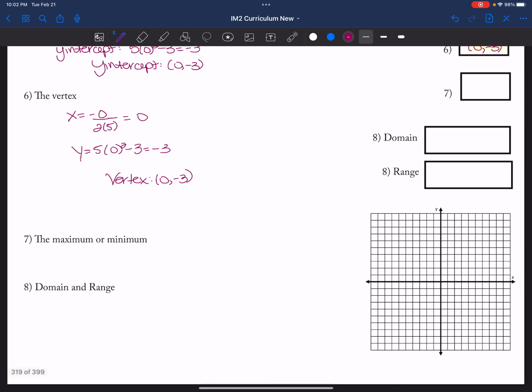Okay, so this opens concave upward, so this is a minimum. And I cannot spell minimum. And then my domain is all real numbers. Oh my goodness, I cannot write.